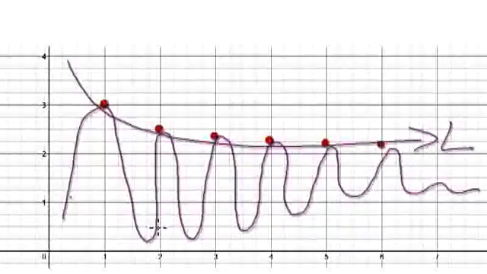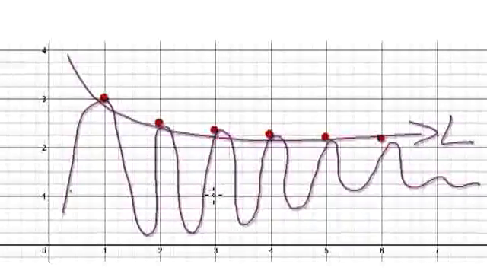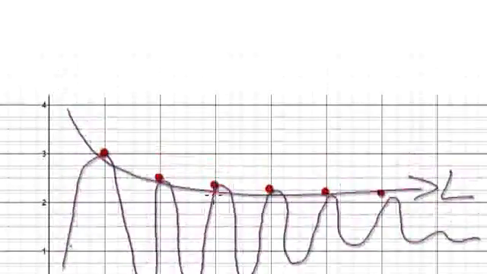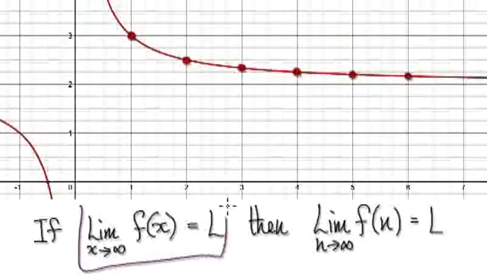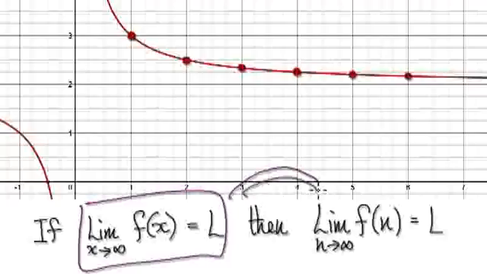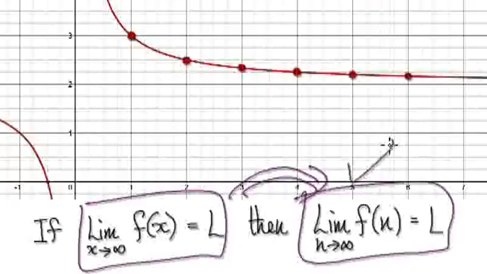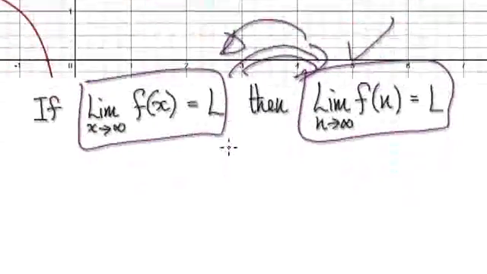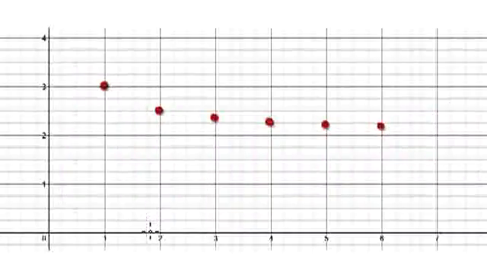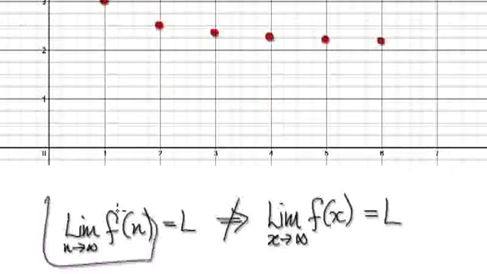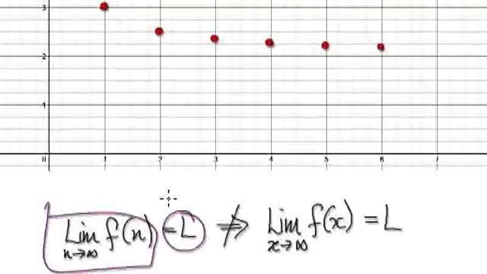The sequence could head towards a limit, but the function, well, what I'm trying to say here is that if this is true, then it will automatically imply that this will be true. But going the other way would not necessarily be true because of this. Here you can see the limit converges to 2 in this case.